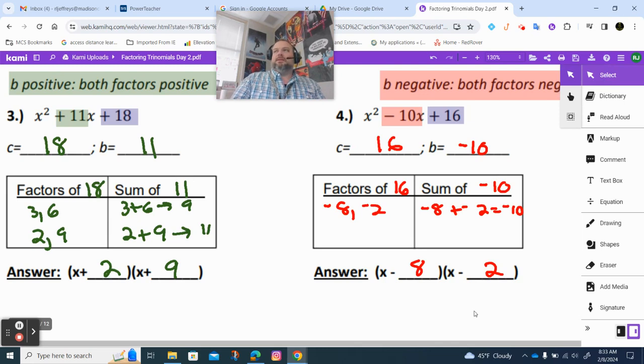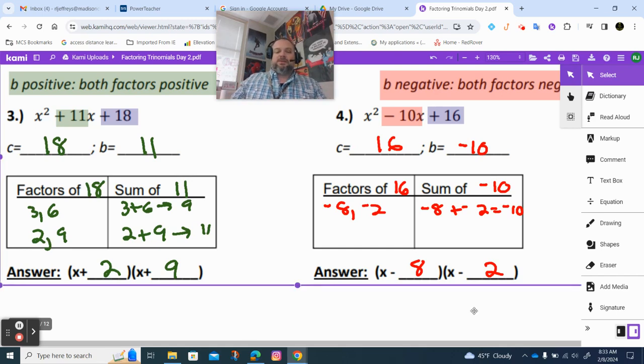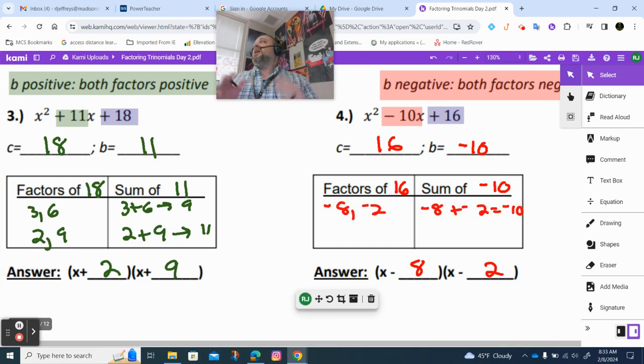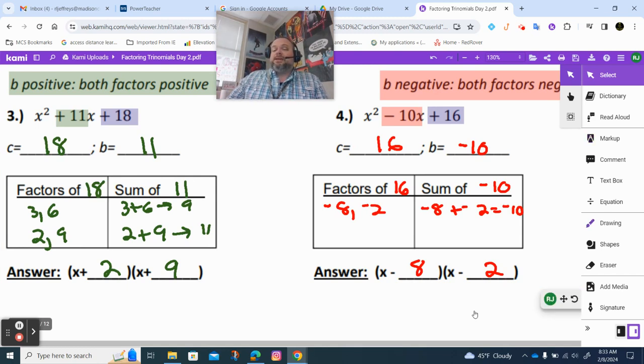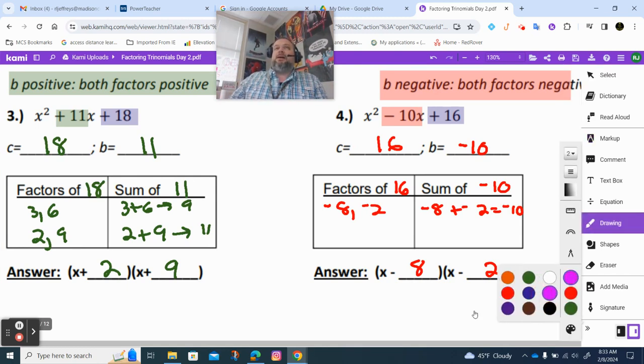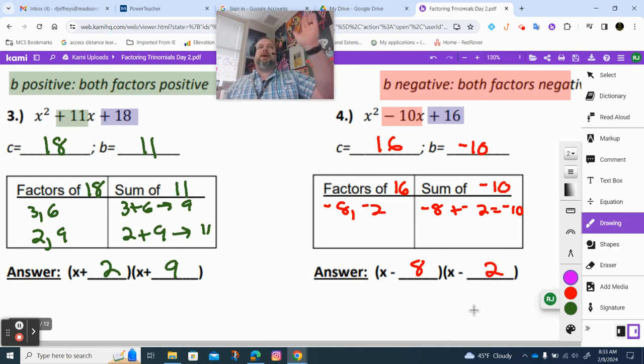The question was, do you have to put the negative signs right here? No. The way I want to grade this is the way I graded the section where you had to do your A, B, and C, and find the axis of symmetry and the vertex.